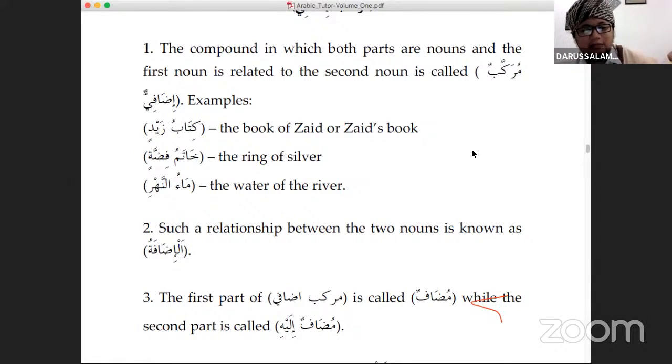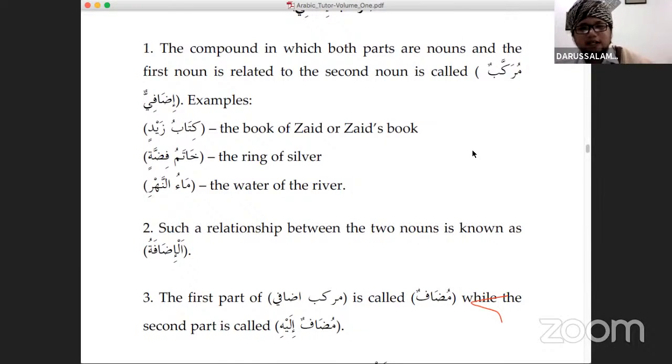Understand? Kita nak bezakan antara murakkab idafi dengan murakkab tausifi. Nak bagi faham. Because in murakkab tausifi, we translate as, for example, Rajulun Hasan, lelaki baik. There is no word in the middle to differentiate, like here in murakkab idafi, we said Kitab Zaid.